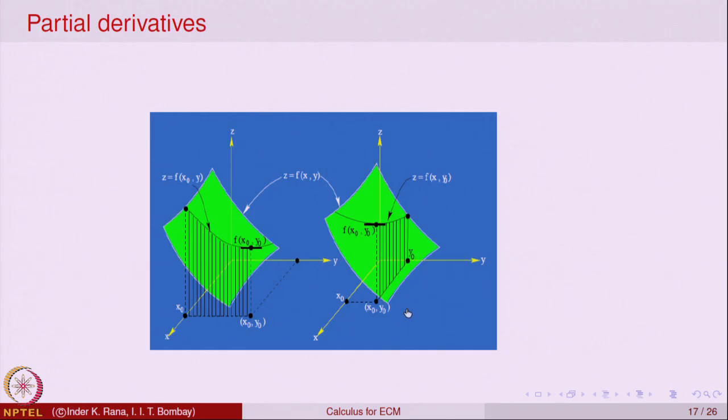So, this is the picture. Imagine this is R3. Here is a domain, and this is the surface, the green one is the graph of that function over the domain.